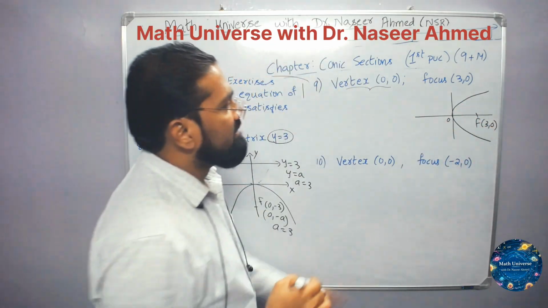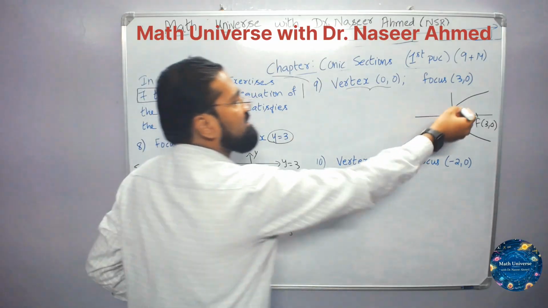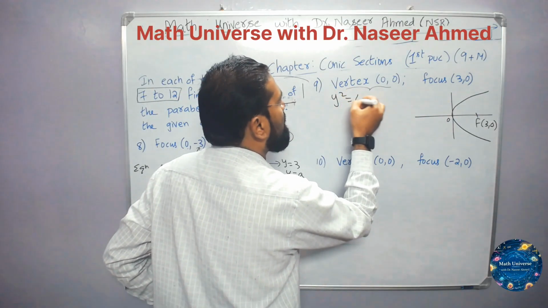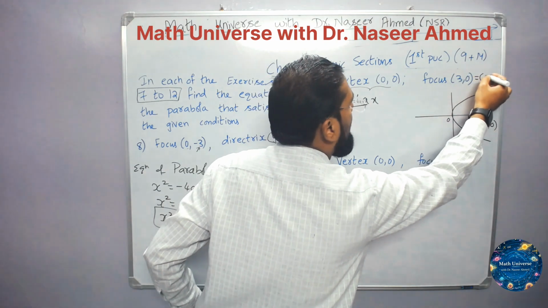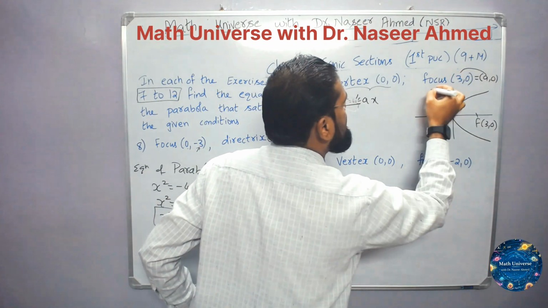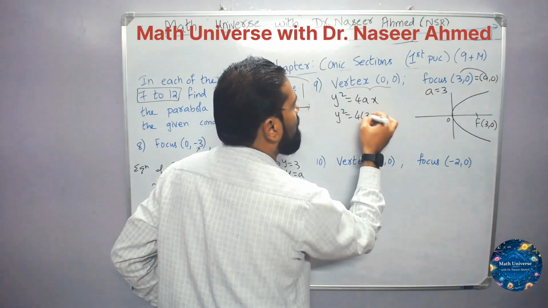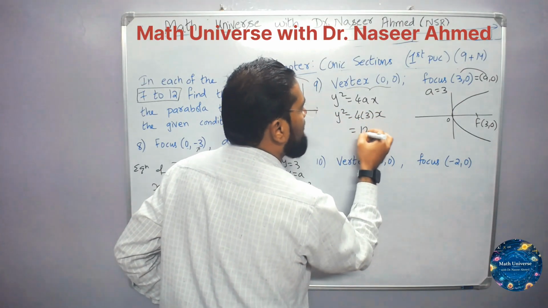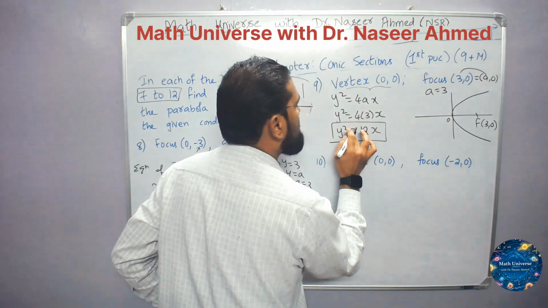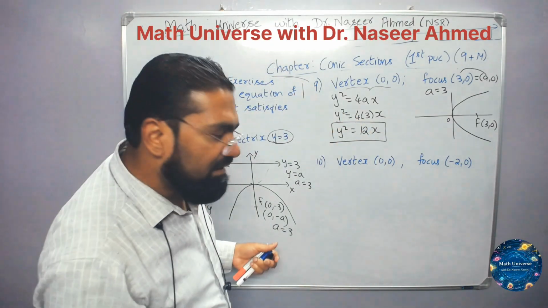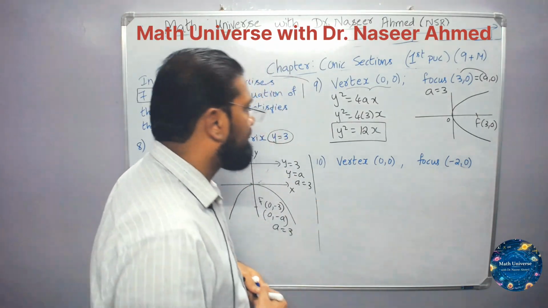It should cut the axis at the origin. So for this parabola, we know it is y² = 4ax, and this will be our focus, (a, 0). So a = 3. So y² = 4 into 3 into x. 4 threes are 12x will be the equation of the required parabola.